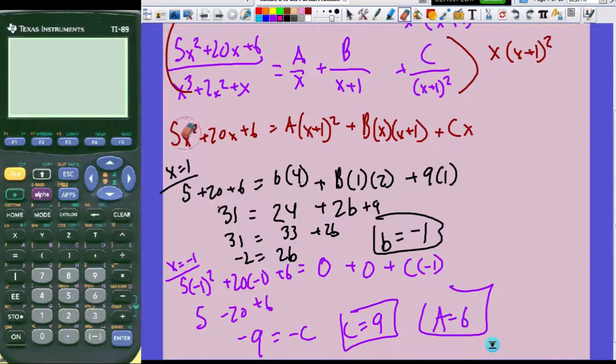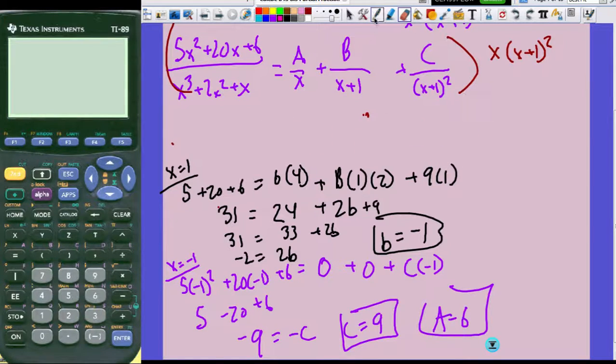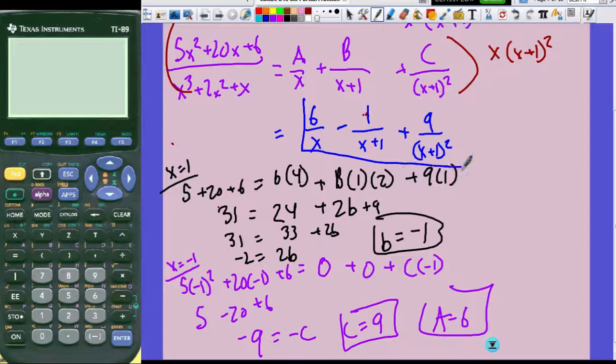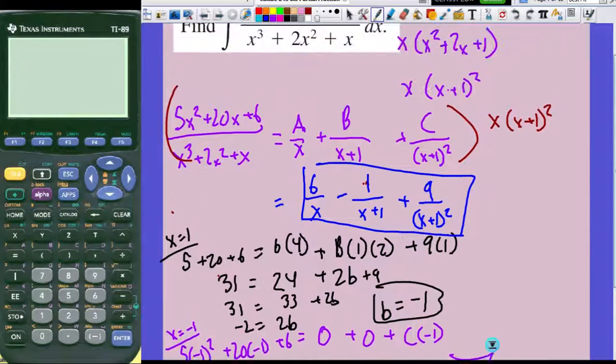The decomposition is going to be 6 over x minus 1 over x plus 1 plus 9 over x plus 1 squared. That's the decomposition.